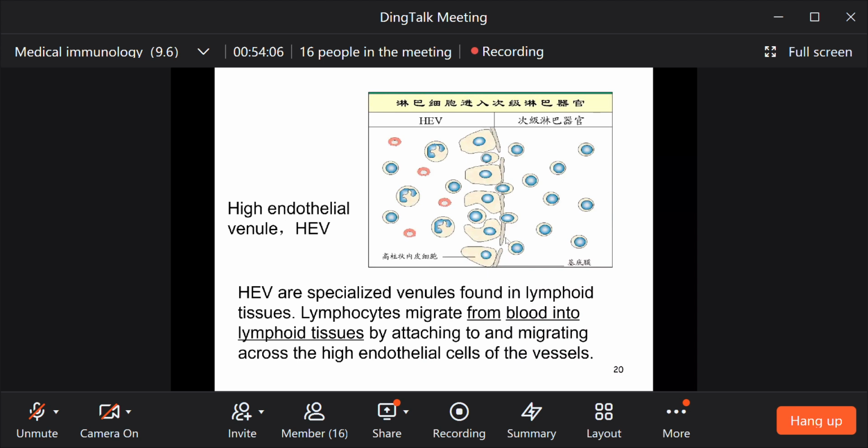We can imagine that if the lymph node had no HEV, the lymphocytes maybe could not arrive at the lymph node. So the HEV is a very important structure in the lymph node.